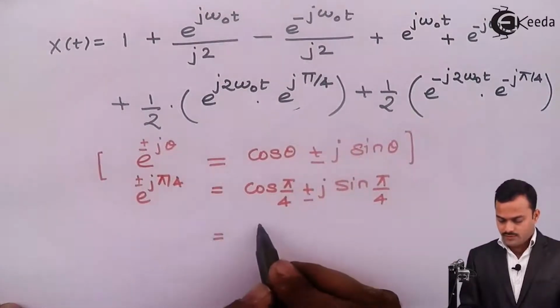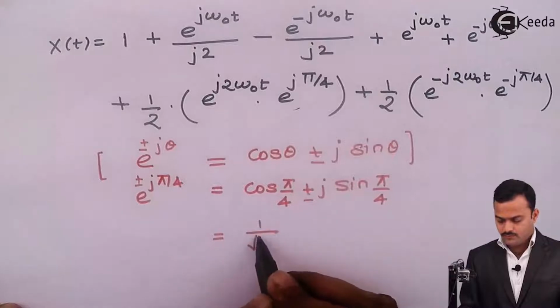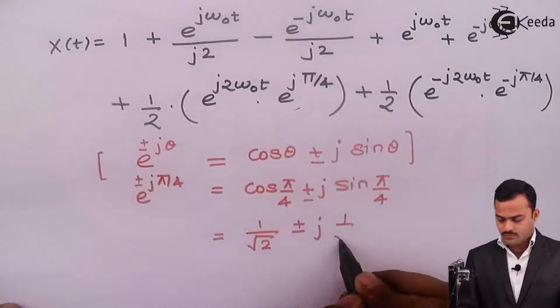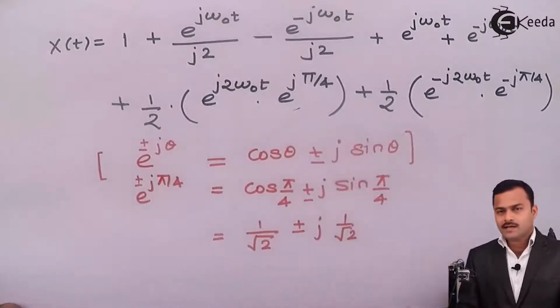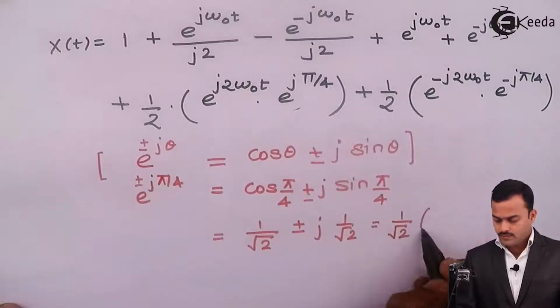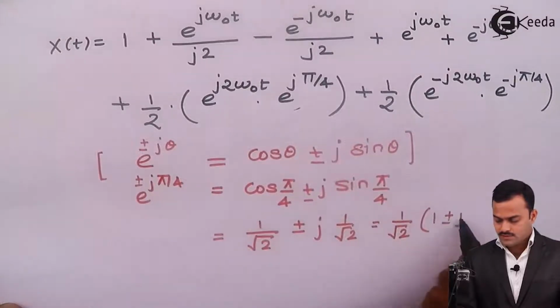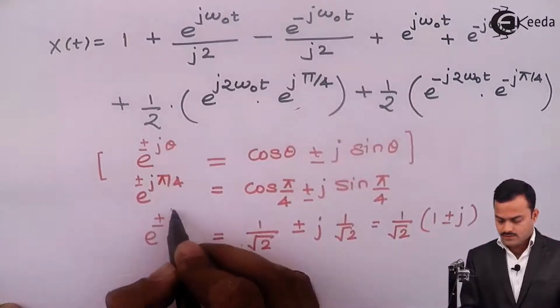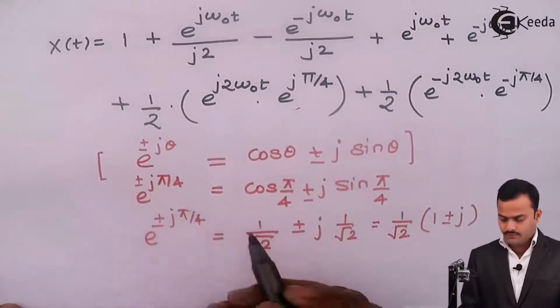Cos pi by 4 is 1 by root 2 and sin pi by 4 is also 1 by root 2. So in the end, I can say it is nothing but 1 by root 2 bracket 1 plus minus j. This is what e raised to plus and minus j pi by 4 is.